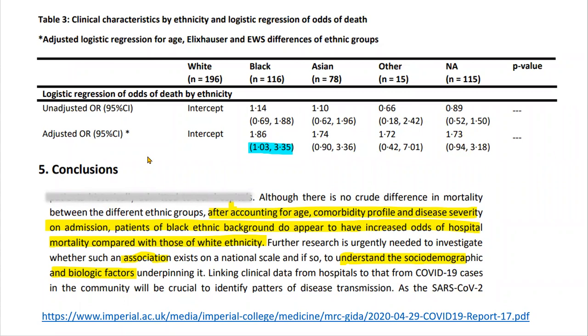Okay, and just to show you the results here from the study, from fitting a logistic regression. They fit this logistic regression for age and these other differences, these ethnic groups.